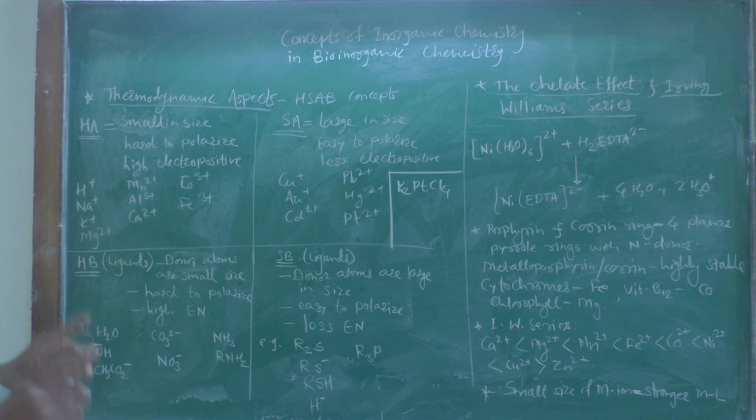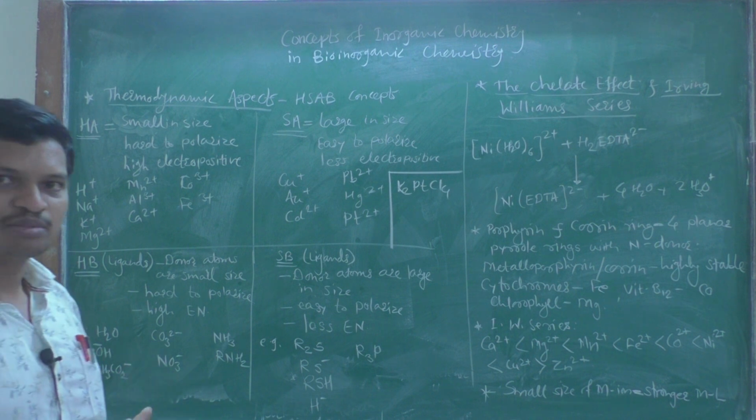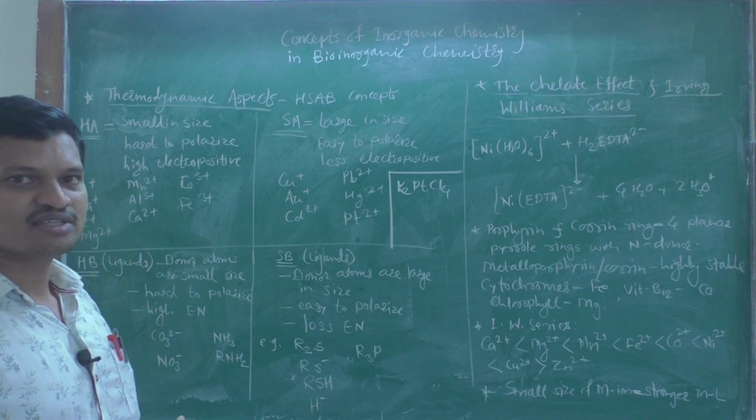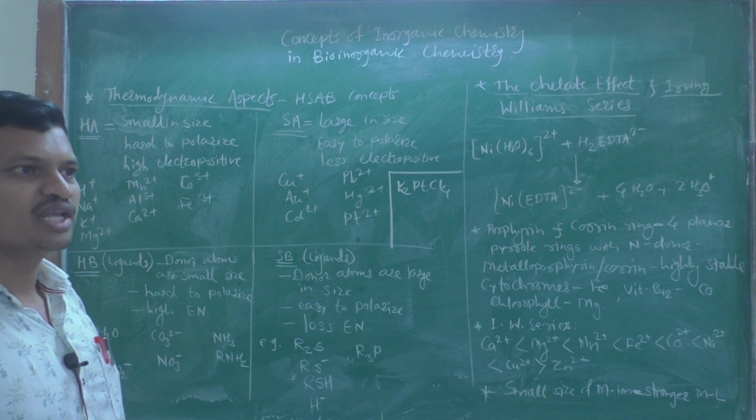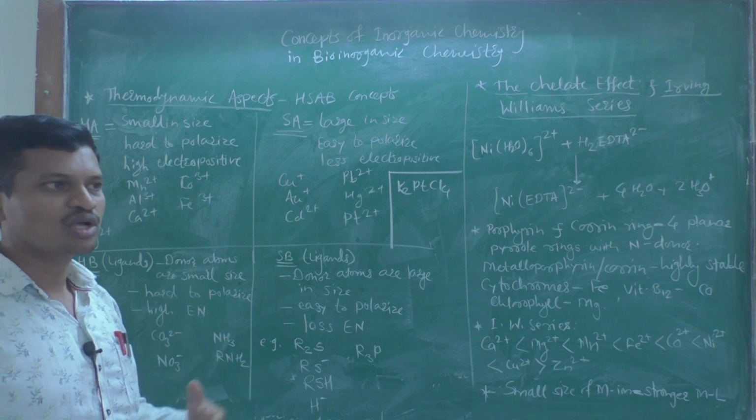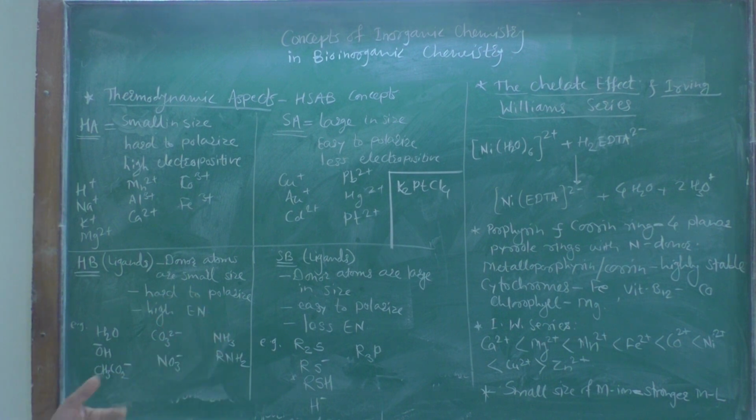We know that in the periodic table, hydrogen is the lightest element. It has only one electron, and when that electron is removed, the resulting species is called the H plus ion or proton, and hence the size of the H plus ion is very small among all the different cations. As it is smaller in size, it is acting as a hard acid.